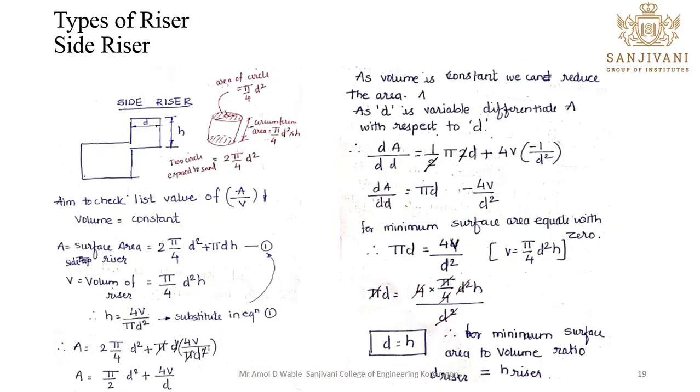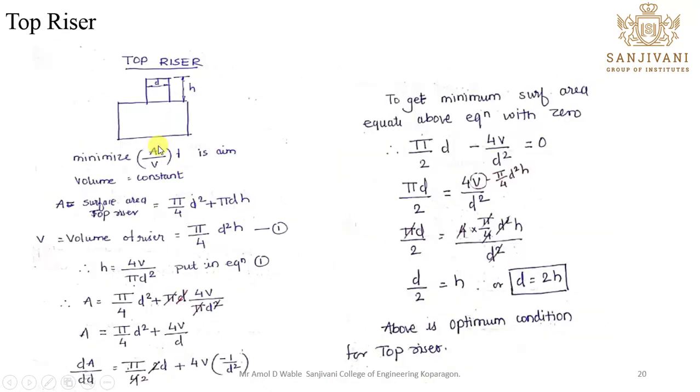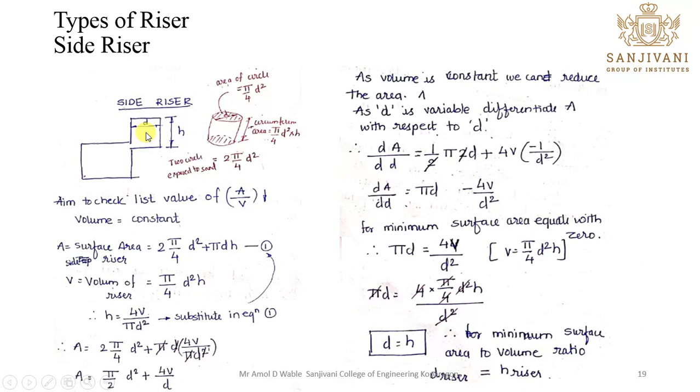Further, there are two types of riser. One is a side riser and another is a top riser. So this is a top riser and this is a side riser. Let us see how to design the side riser and top riser.